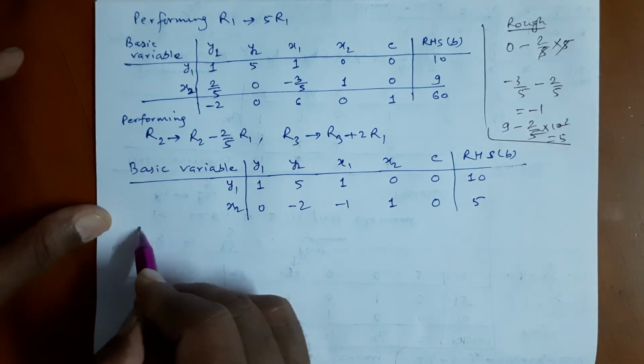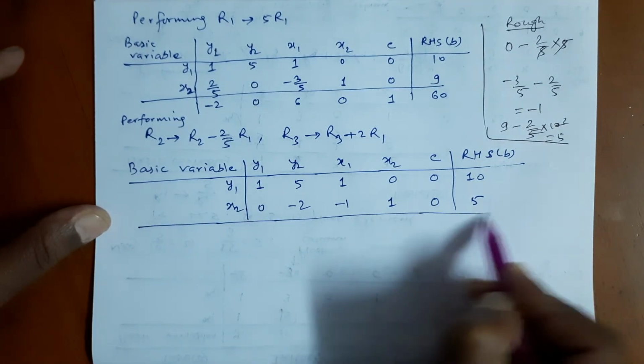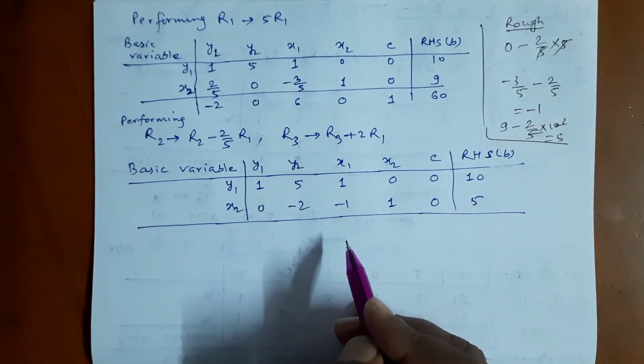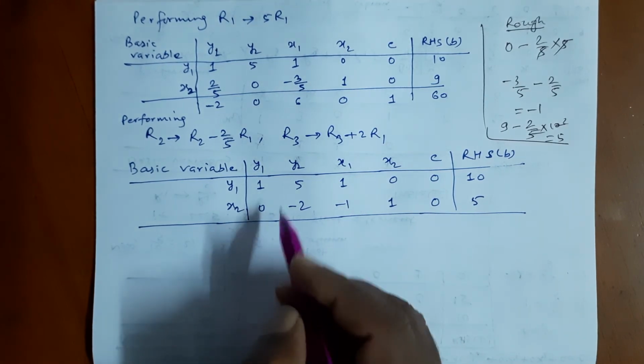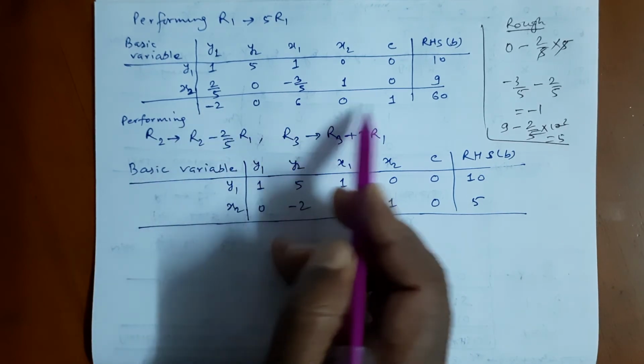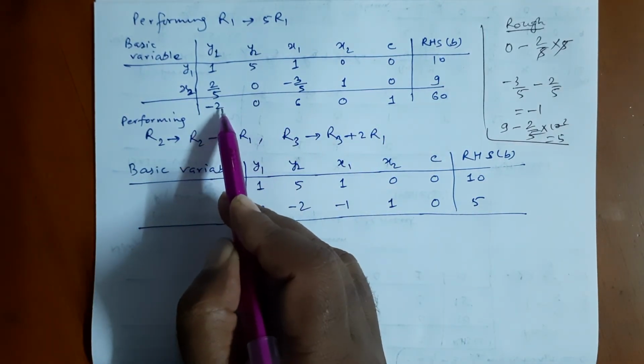Now in the bottom row, from R3, this is row 3, R3 plus 2R1.